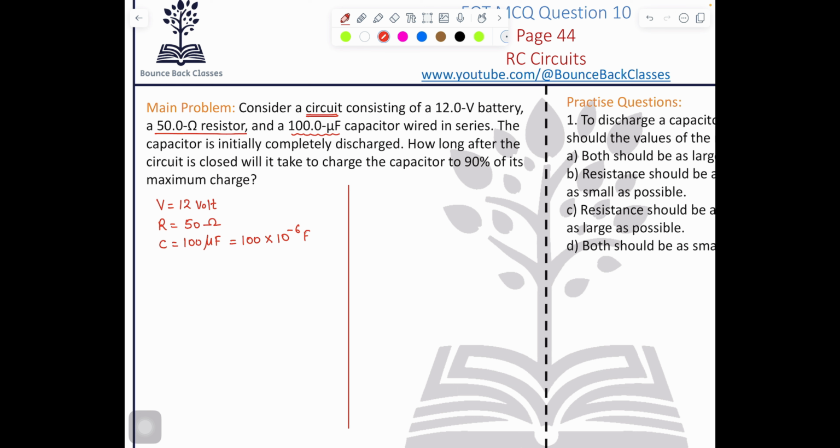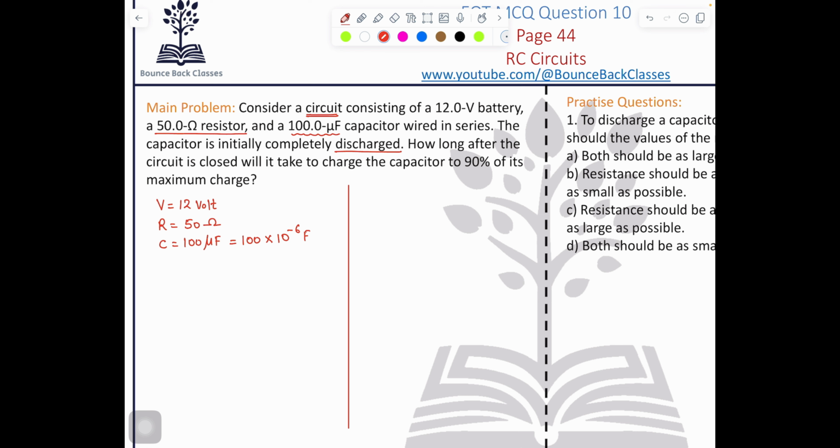Yes, an RC circuit is always in series. The capacitor is initially completely discharged. What does it mean? That the value is 0.